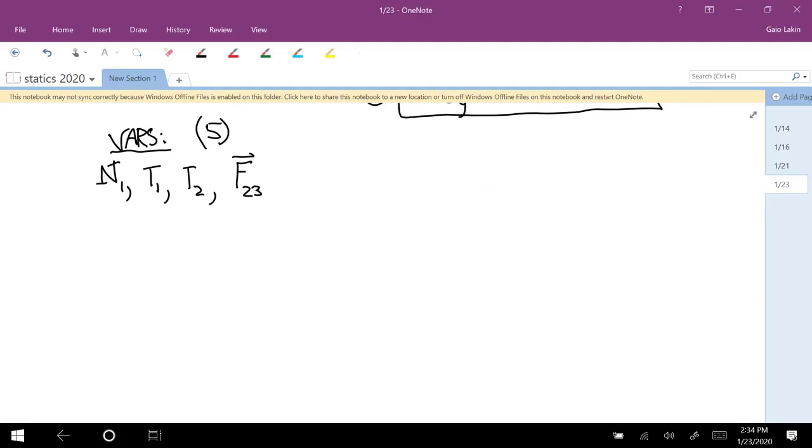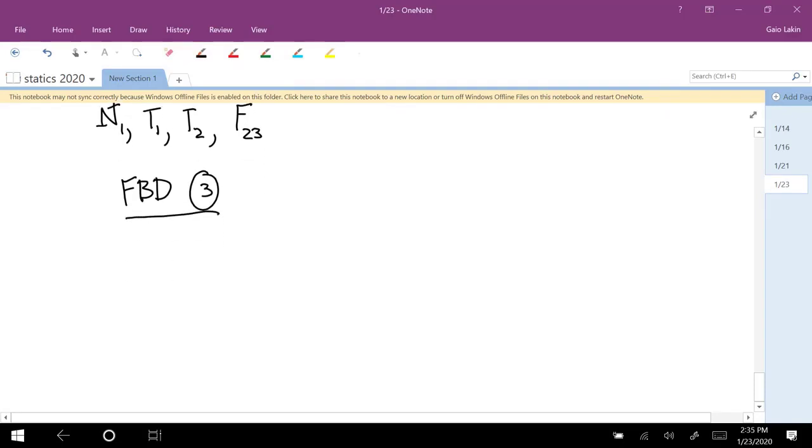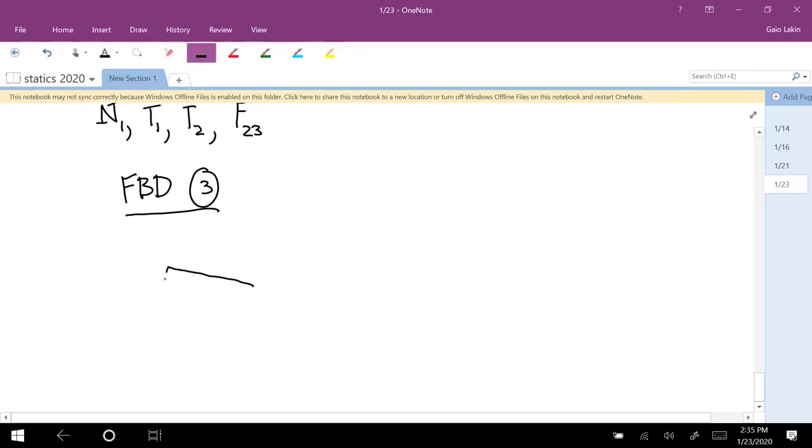Okay, so now we'll go to free body diagram of the 3 kilogram. And there's a weight force. That's 3 times 9.81, so 29.43.